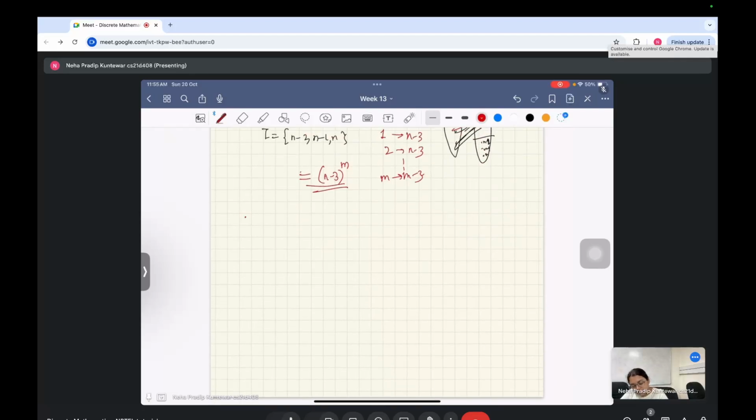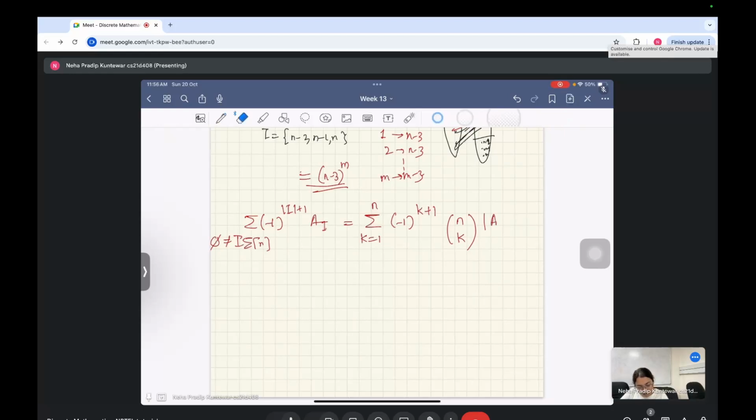So I can write the summation that we had there, with minus 1 to the size of I plus 1, as a summation with k from 1 to n of minus 1 to the k plus 1 times n choose k times the size of a_k, where a_k says that I'm excluding the set 1 2 and so on up to k.